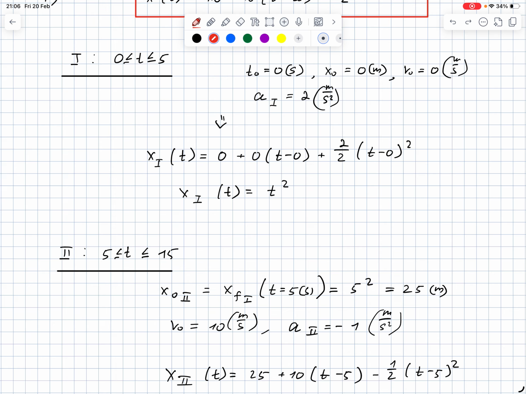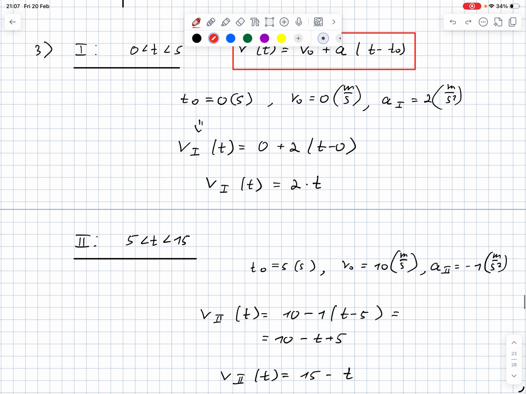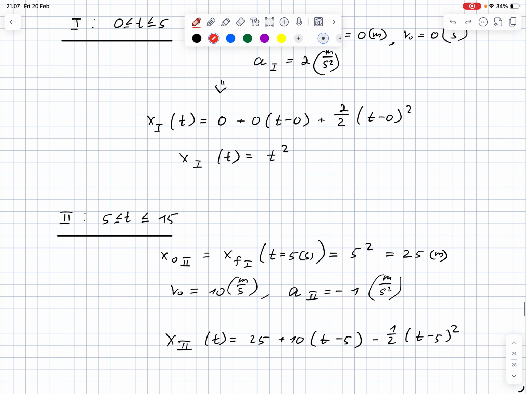Now you need to remember from the previous videos that the final position of the first time interval, when t equals 5 seconds, is actually the initial position for the second time interval.